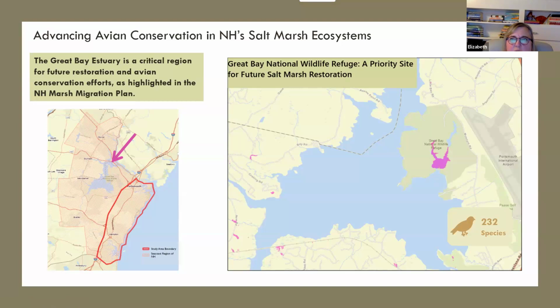And they're now part of the New Hampshire salt marsh plan of 2023. And they've also picked this area as being key for future restoration.